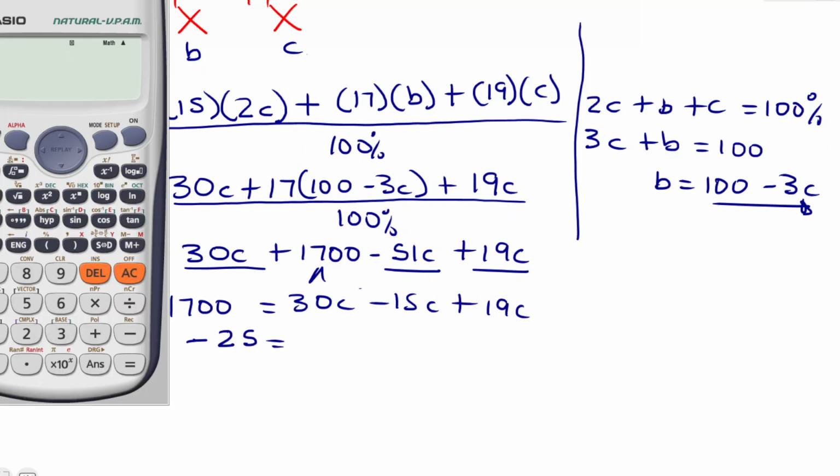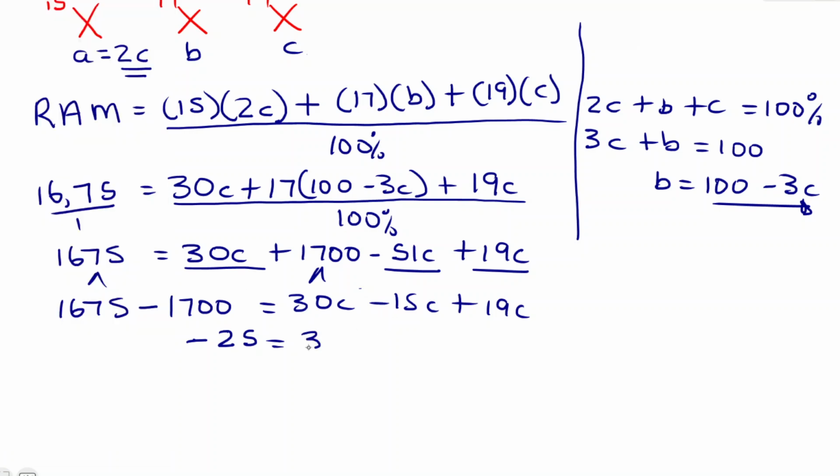We have 30 minus 15 plus 19. So the one on the right is 34, 34C. We want C, so let's divide by 34. We divide the other side by 34.